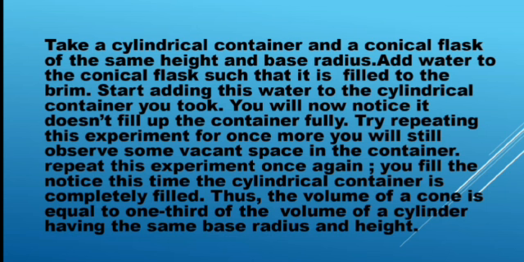Try repeating this experiment once more. You will still observe some vacant space in the container. Repeat the experiment once again. You will notice this time the cylindrical container is completely filled. Thus, the volume of the cone is equal to 1/3 of the volume of cylinder having the same base radius and height.